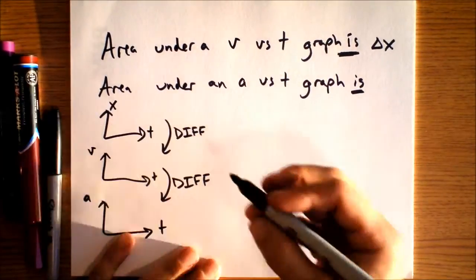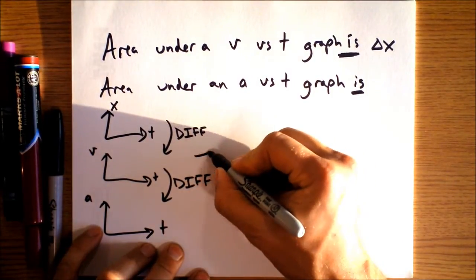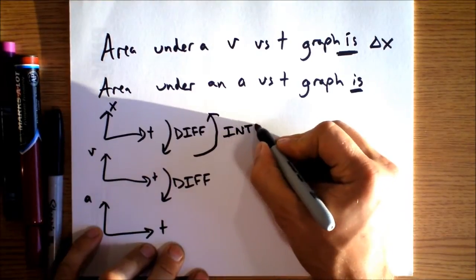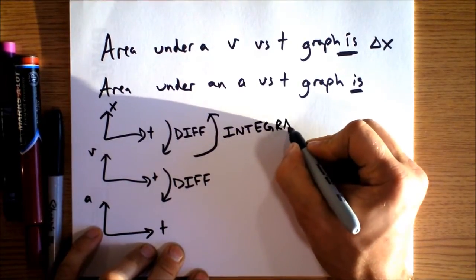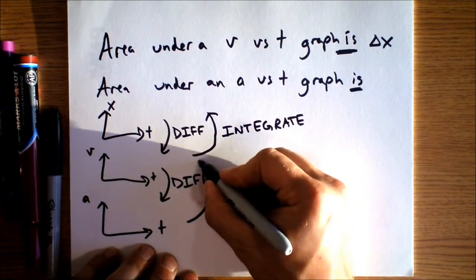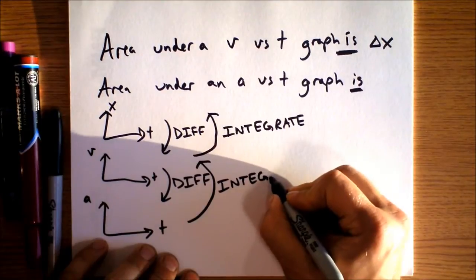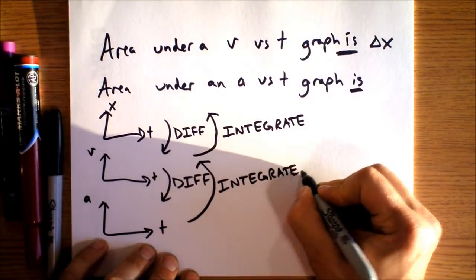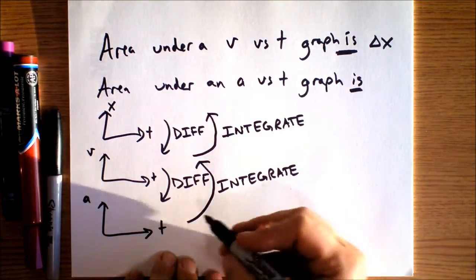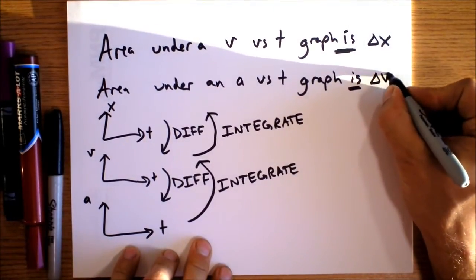So it's rather interesting to see that if we go this direction, then this is called integrating. And if we go this direction, then that's again called integrating. So the area under an acceleration versus time graph is velocity. In fact, it's change in velocity.